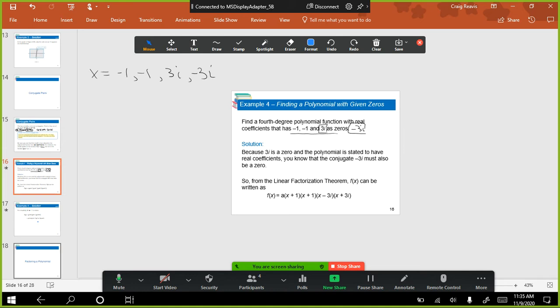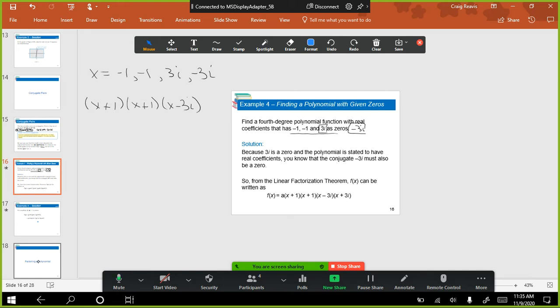So what I would do is I would write out the factors that each one of these zeros came from. x = -1 comes from the factor of x plus 1. Would everybody agree with that? -1, that's a repeated factor of x plus 1. Well, what factor does 3i come from? Well, it comes from x minus 3i.